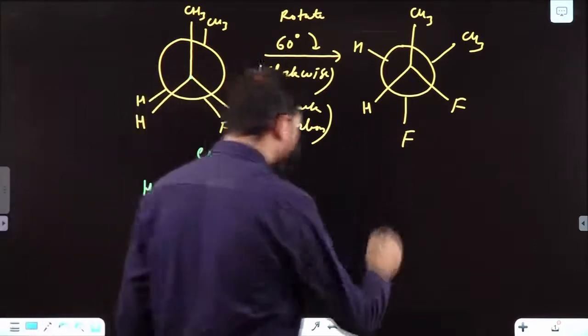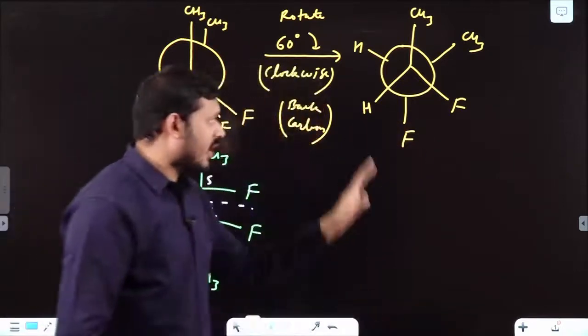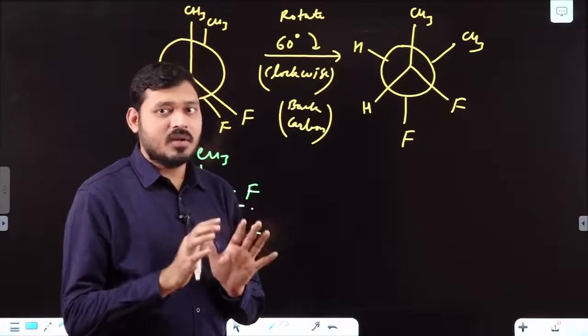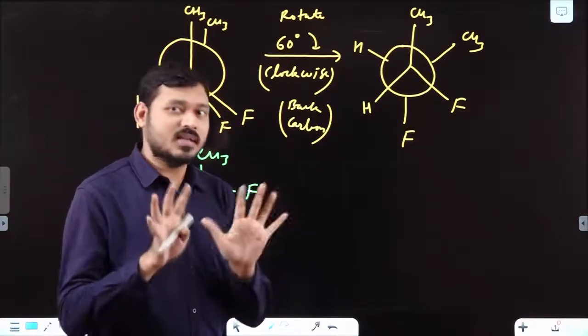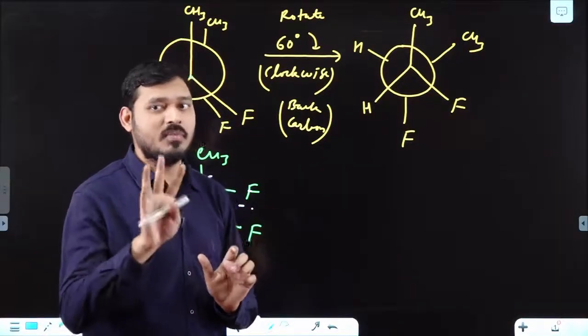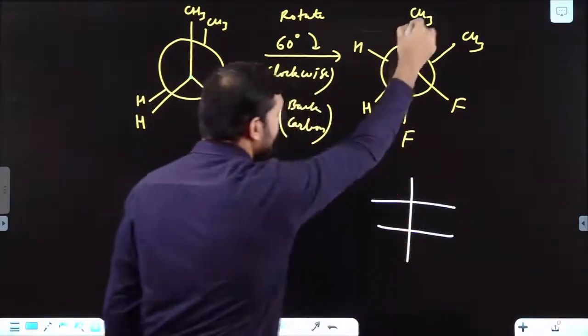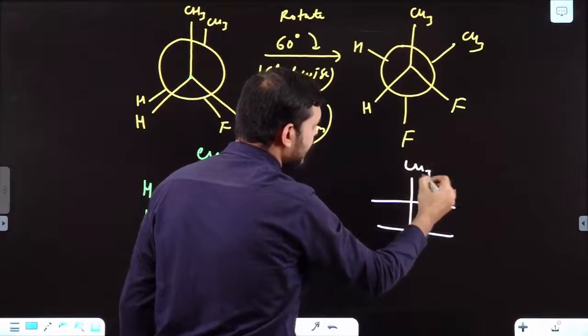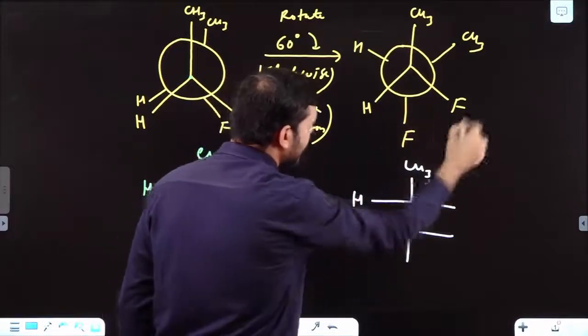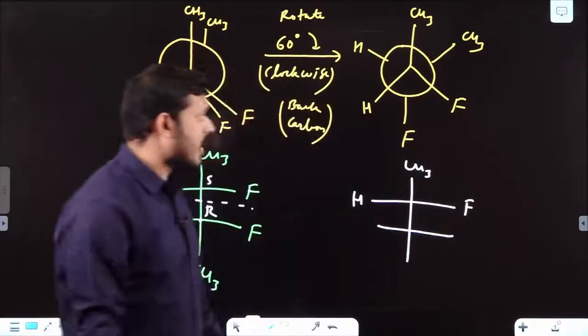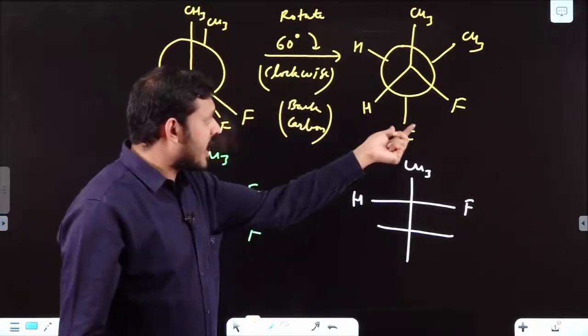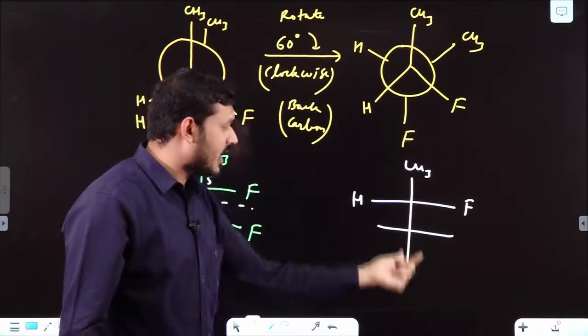Now, let me draw this one. For drawing this part, remember, all things are the same; one change will be observed here. What? First, draw the Fischer. This part as it is, CH3 at the top, hydrogen this side, fluorine this side. Now, this part will be placed at the bottom.